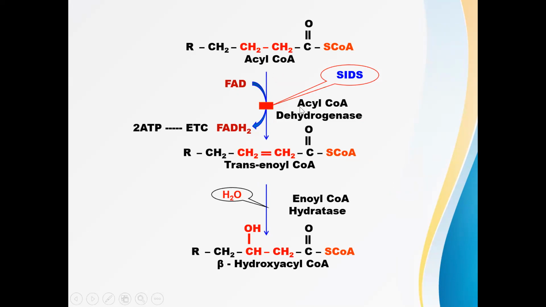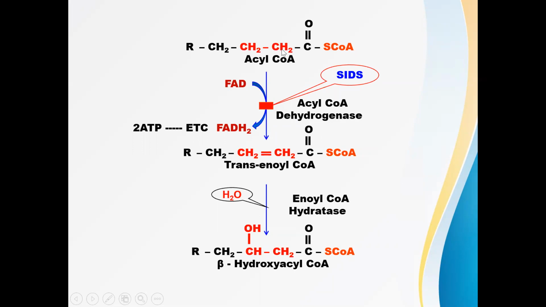The first reaction is dehydrogenation. The dehydrogenation is catalyzed by the enzyme acyl CoA dehydrogenase, and this is an FAD dependent enzyme. That means it requires the coenzyme FAD. So when the acyl CoA undergoes oxidation by acyl CoA dehydrogenase, a double bond is introduced between the alpha and beta carbons.